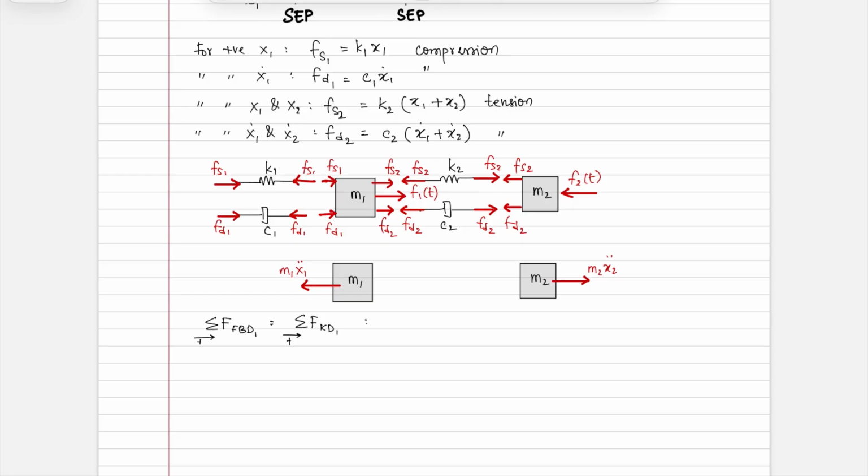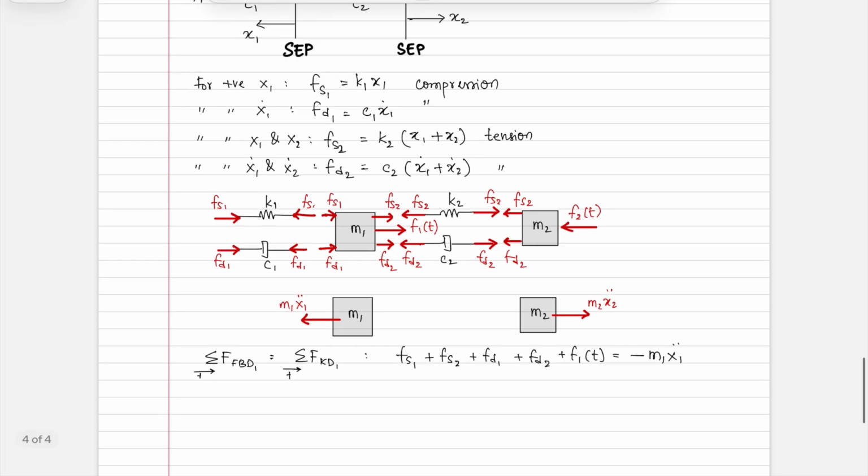So doing this for the first body, I have fs1 plus fs2 plus fd1 plus fd2 plus f1 of t is equal to, and now you have minus m1 x1 double dot. All you have to do now is substitute what is fs1, fs2, fd1, fd2.